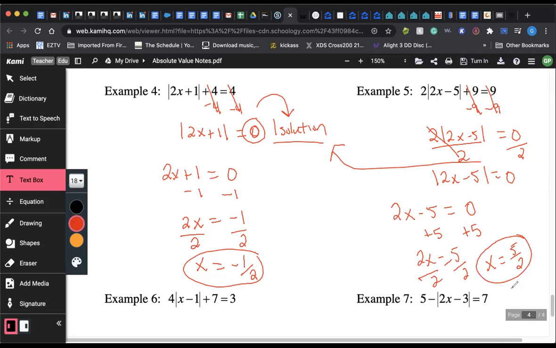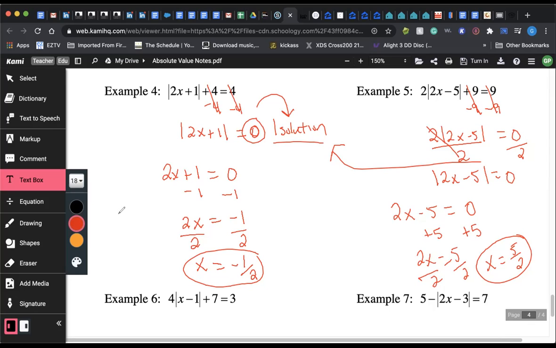Yep. Very good. Okay. So 5 halves is going to be my only answer here.